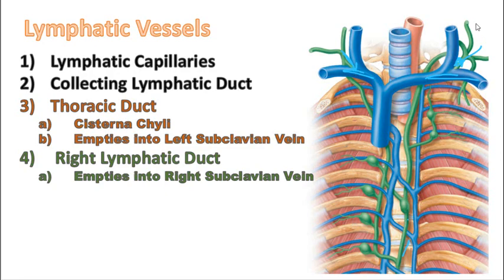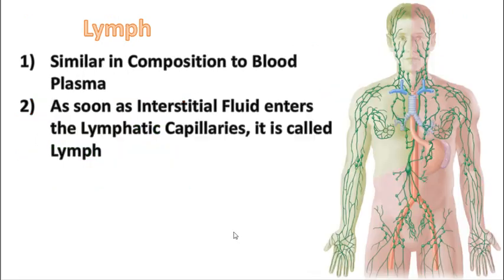And the thoracic duct, we said, brings approximately 75%. So you see the thoracic duct begins with a sac and then it moves up and empties into the left subclavian vein, and the right lymphatic duct empties into the right subclavian vein.